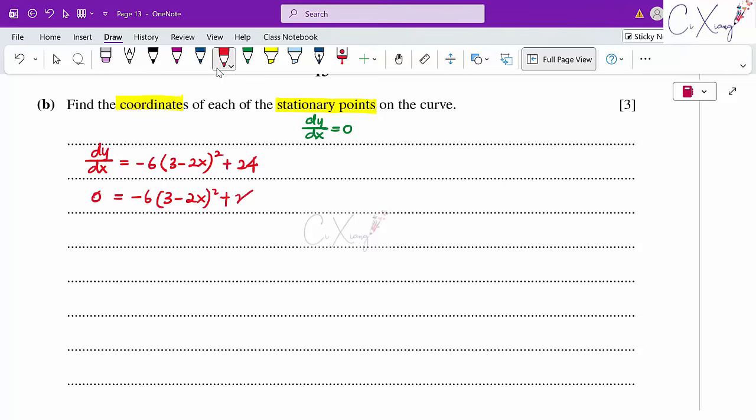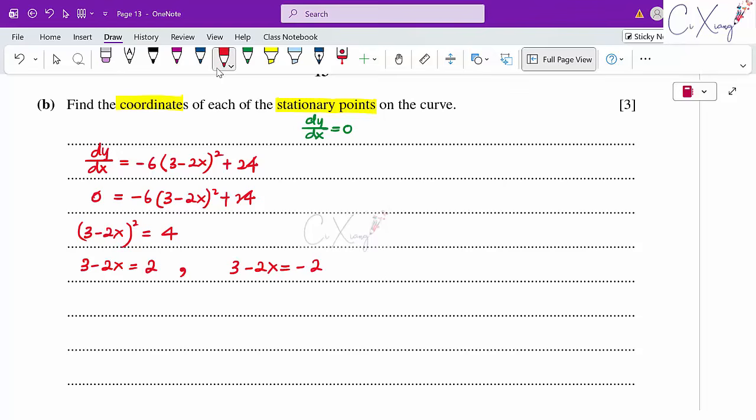And we are going to solve this equation from here. We're getting 4. Then when you take the square root of both sides, you have 3 minus 2x equals plus or minus 2. And I'm going to solve it into these two parts, plus and minus 2.